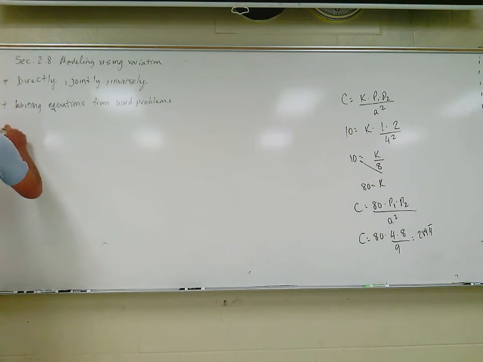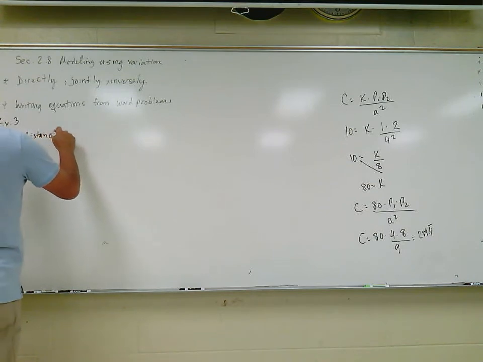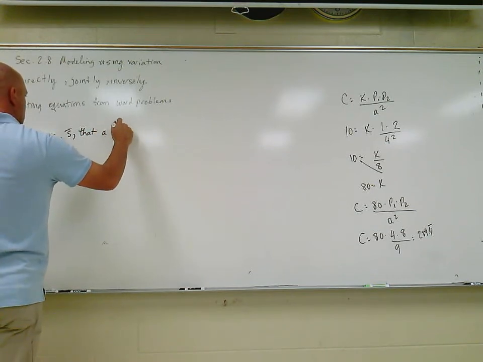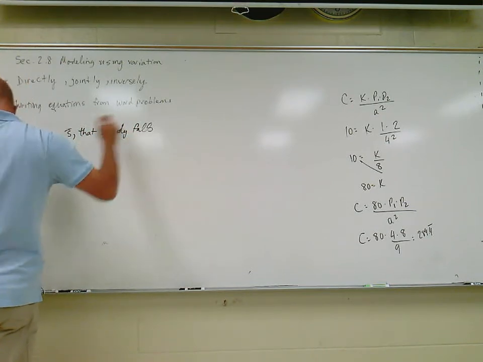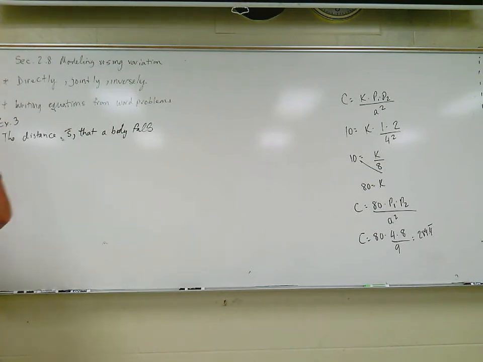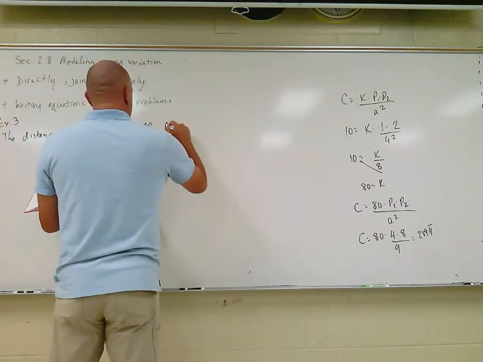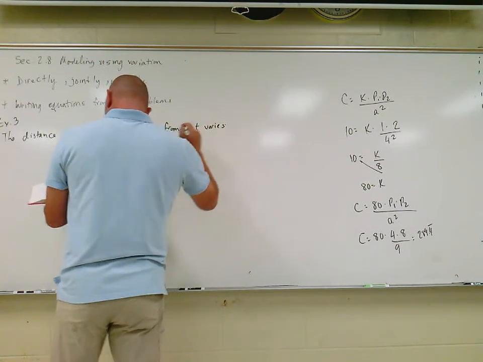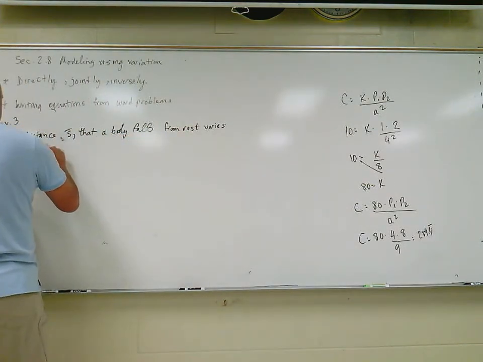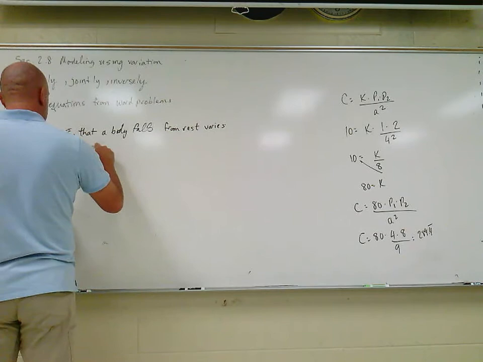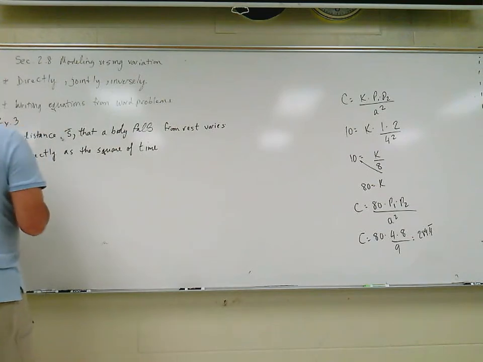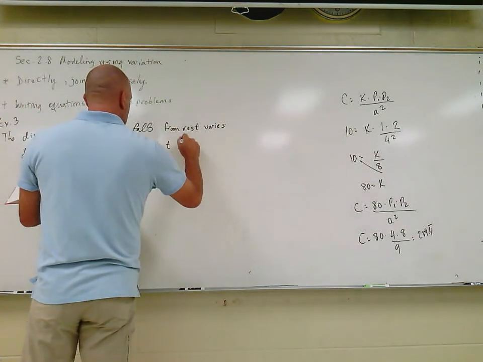This is example 3. The distance S that a body falls from rest varies directly as the square of time T of the fall.